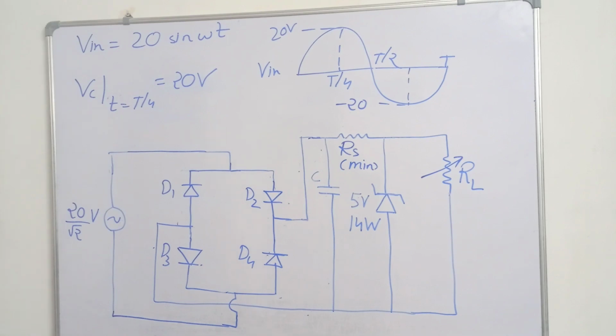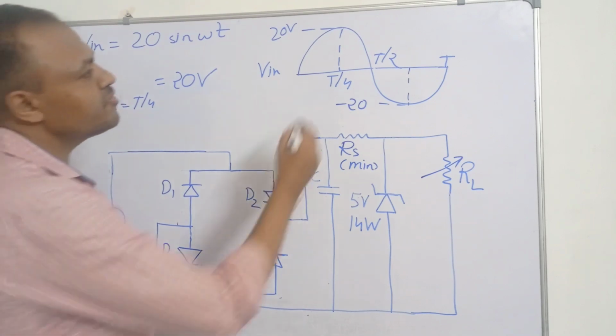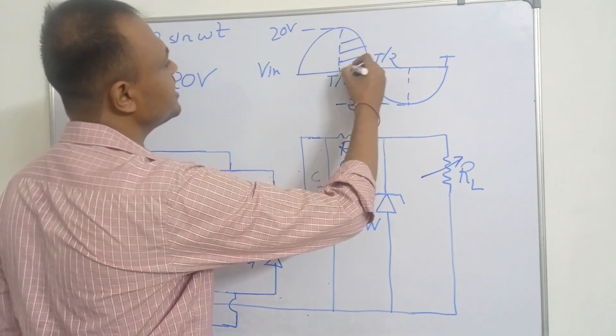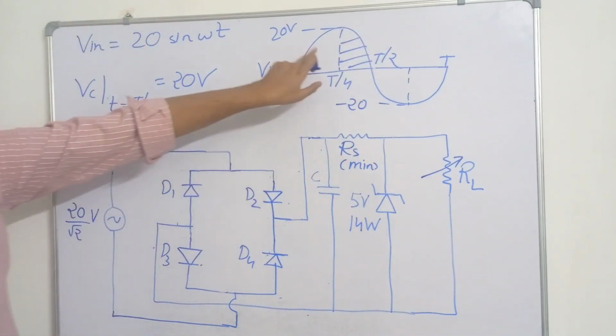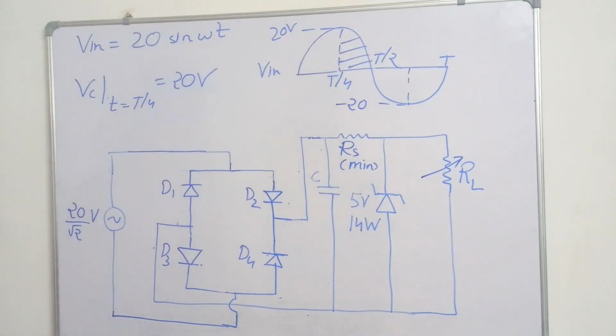Now we will look at the situation from T by 4 to T by 2. At T by 4, the capacitor charged to 20 volt.